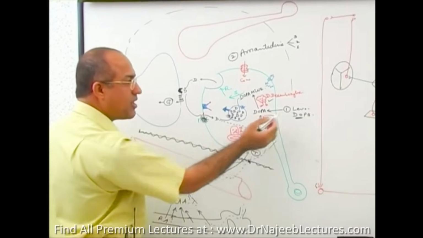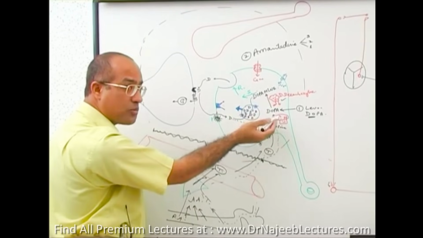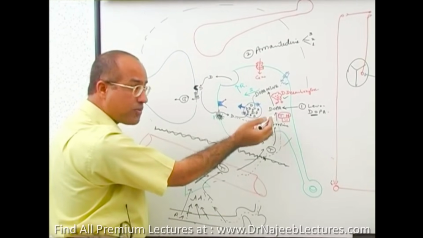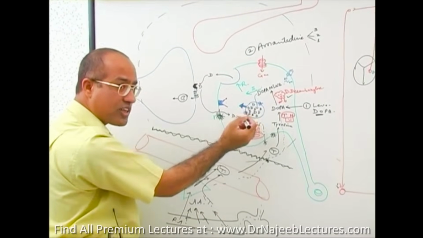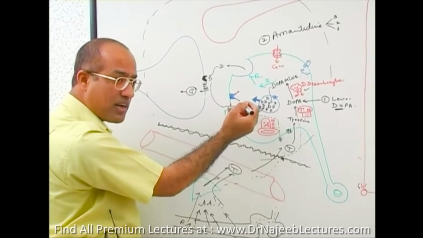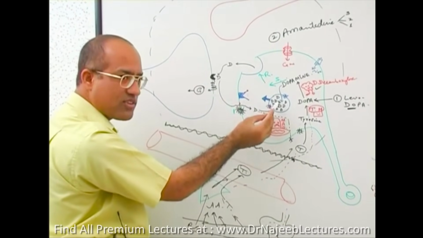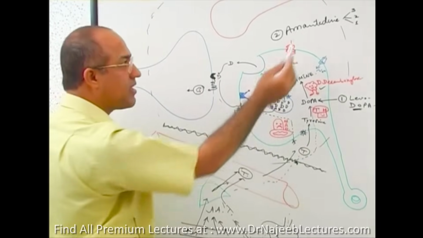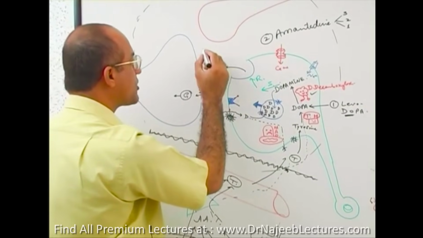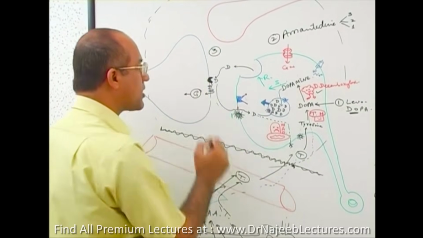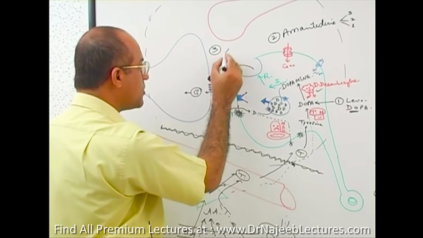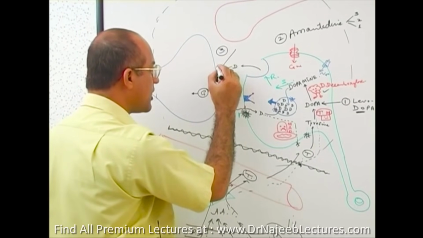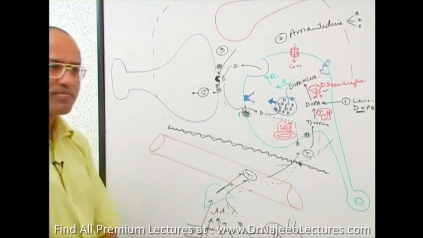Strategy number 1 was giving the precursor substance, levodopa, so that there can be more dopamine synthesis. Strategy number 2 was a multi-action drug, amantadine, which slightly increases synthesis, slightly increases release, and slightly decreases the reuptake. Now strategy number 3. What is that? Give a drug which will directly stimulate dopaminergic receptors.